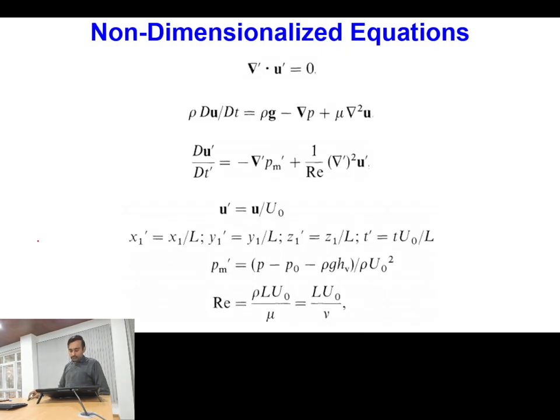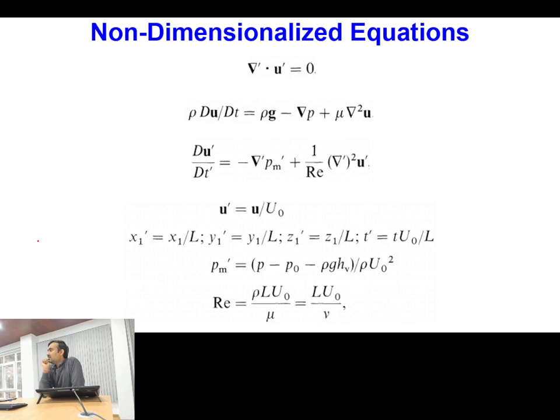Okay, now when we talk about the governing equations, the majority of the time we try to solve them in non-dimensional form. Why non-dimensional form? Because in dimensional form, for each and every case you have to do experiments, simulations or theoretical trials.